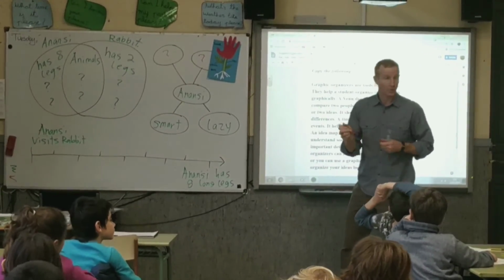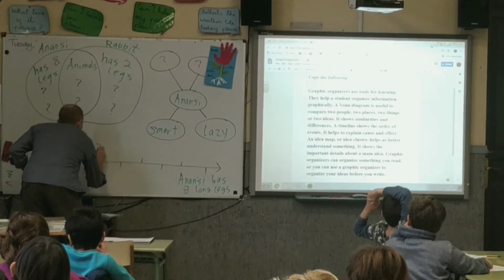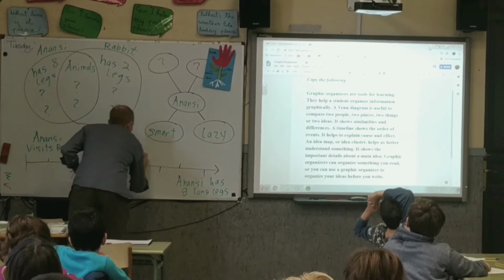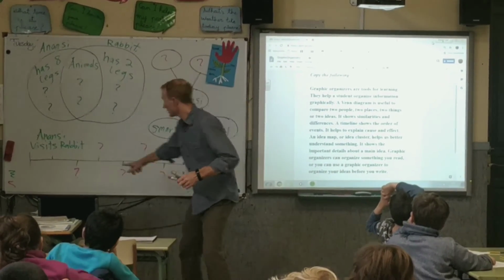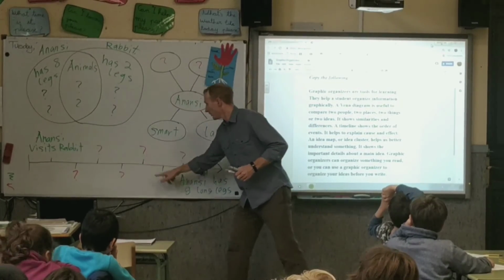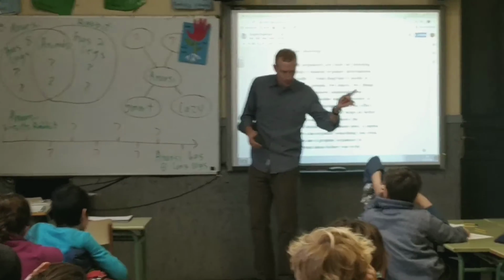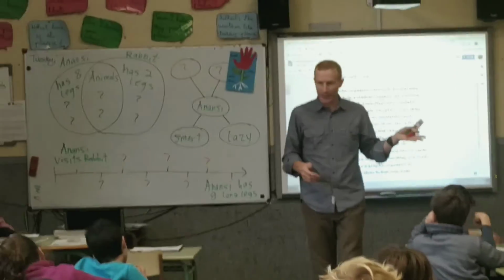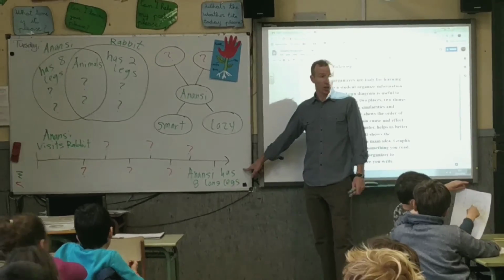My question for you is, what happens in between? Your job is to put some information. What happens in between when Anansi visits Rabbit, and at the end of the story, when Anansi has 8 long legs?